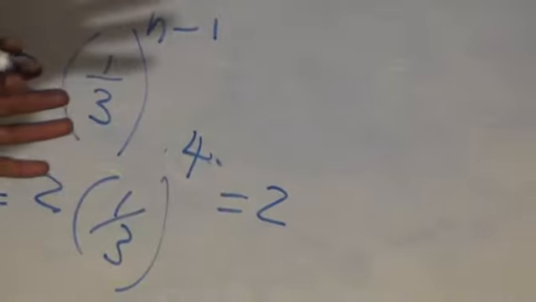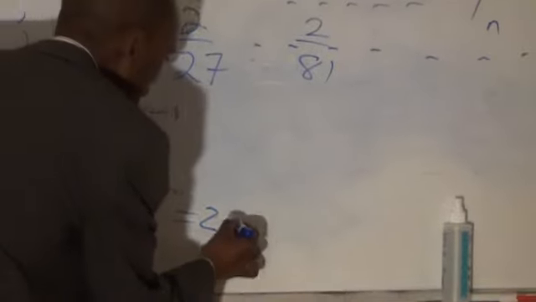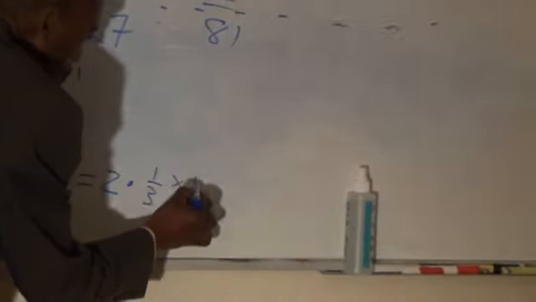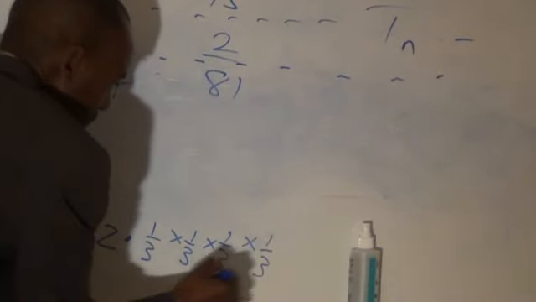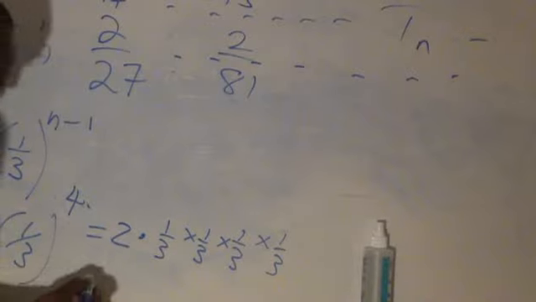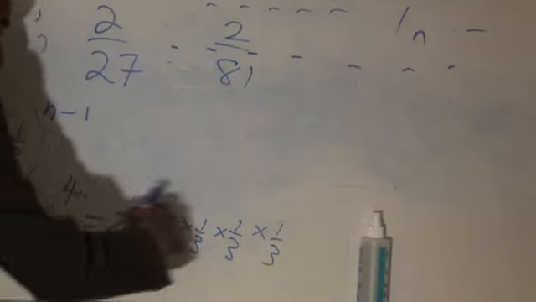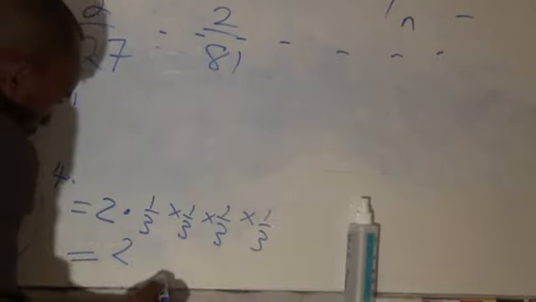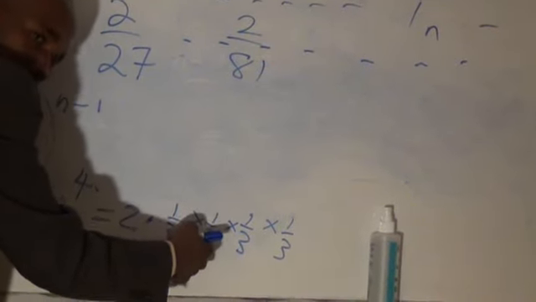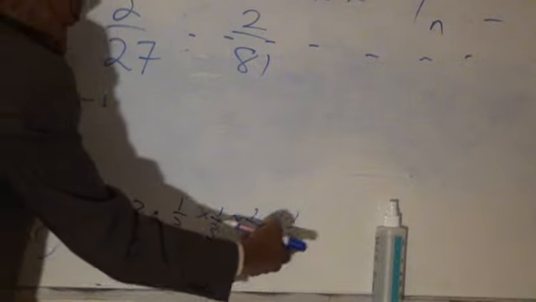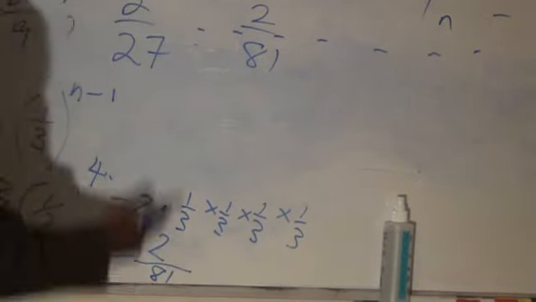This is the same as 2 times 1 over 3 to the power 4. 1 over 3 to the power 4 is exactly the same as 1 over 3 times 1 over 3 times 1 over 3 times 1 over 3. So this will be the same as 2, remember, times all the ones, divided by 3 times 3, 9, times 3, times 3, as we said.